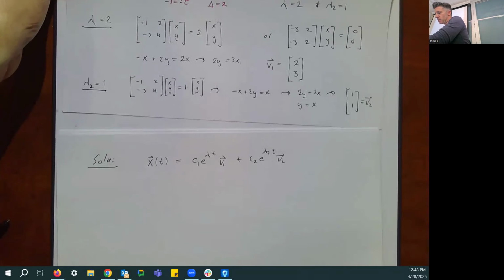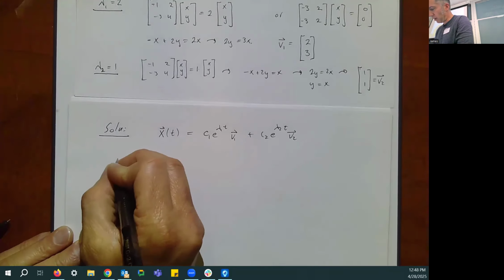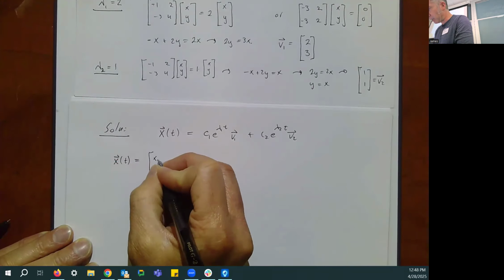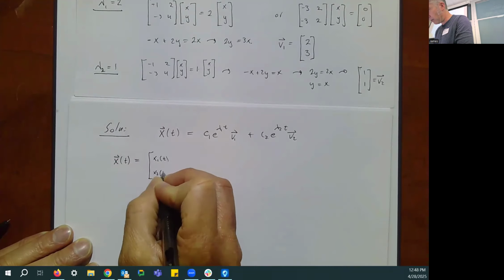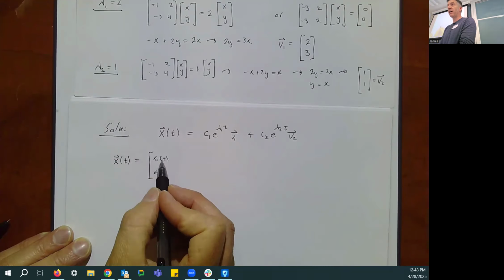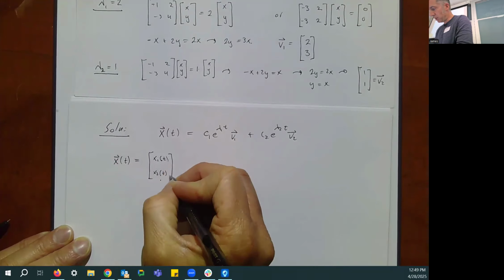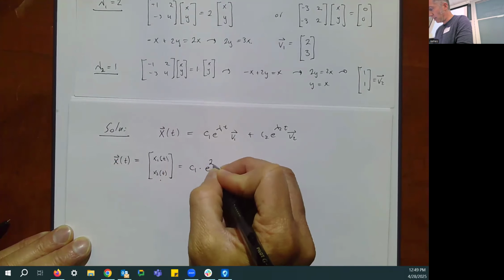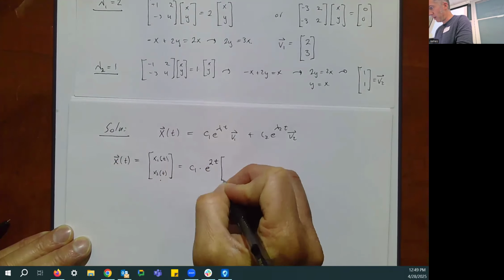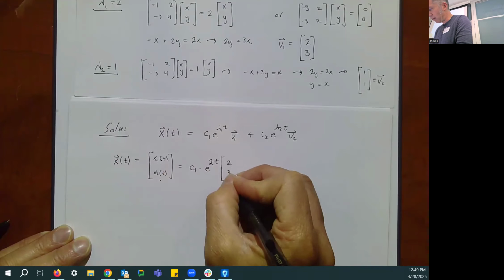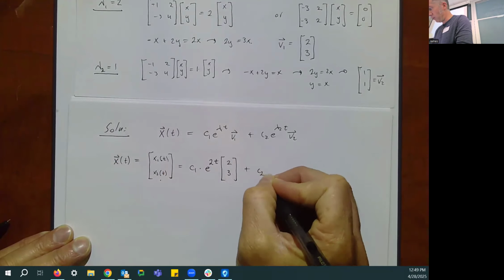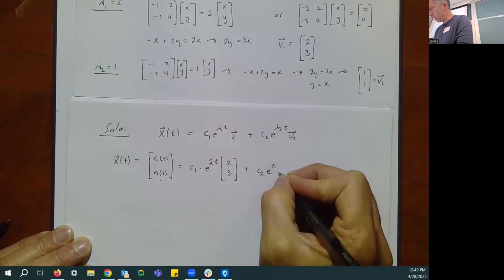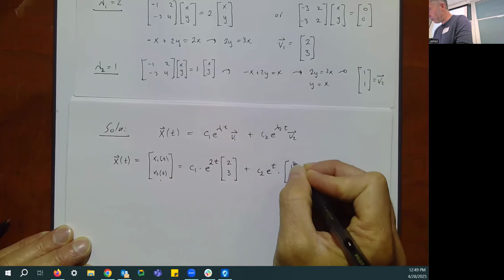So in this case, our solution x of t, which I sometimes write as (x1 of t, x2 of t), again wolves and deer, is equal to C1 times e to the lambda 1 t, which is 2t, times my V1, which was (2, 3), plus C2 times e to the lambda 2 t, which is 1 times t, times V2, which is (1, 1).